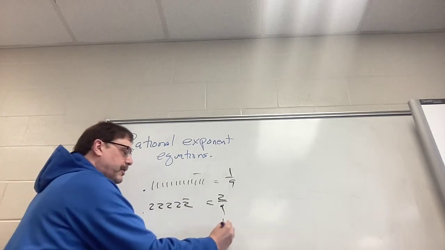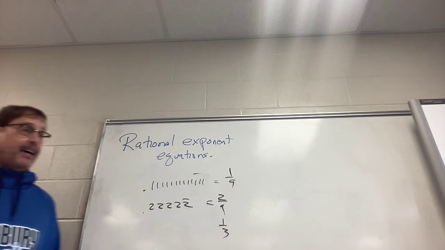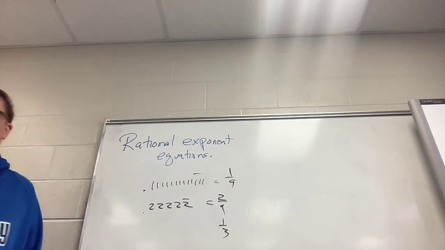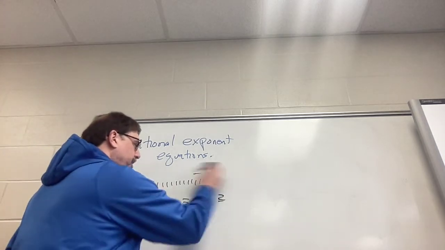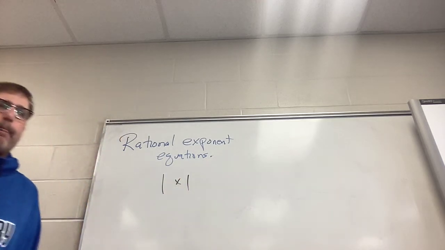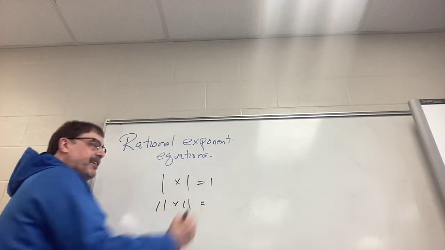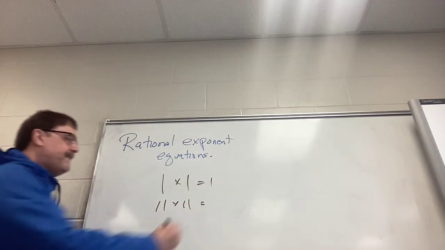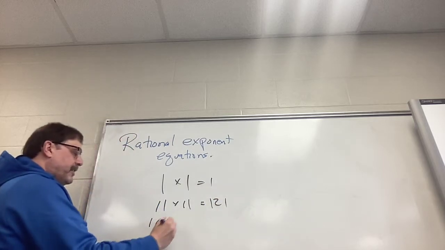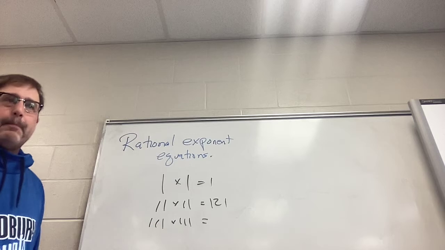What's 0.444 repeating? Probably 4/9. 5 repeating, 6, 7. You get the idea? Hey, no calculators. What's 1 times 1? Nice job. 11 times 11. 111 times 111. No calculator.